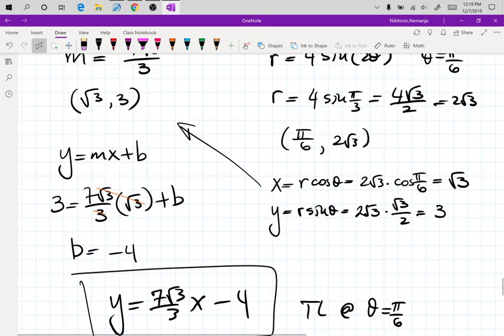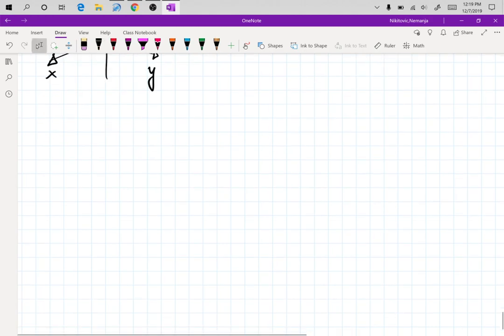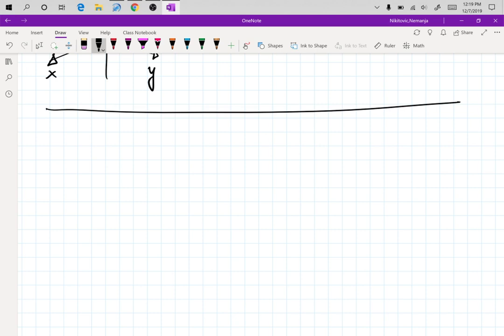As my voice is starting to degrade, we need to talk about integration, the last part of the lecture and the last part of Calculus 2. In integration, you always have an independent variable, which is the variable you are integrating with respect to.